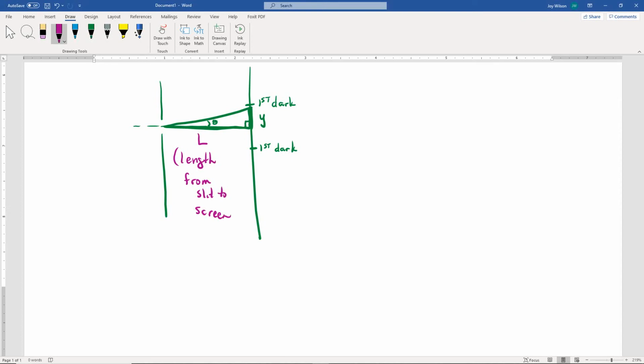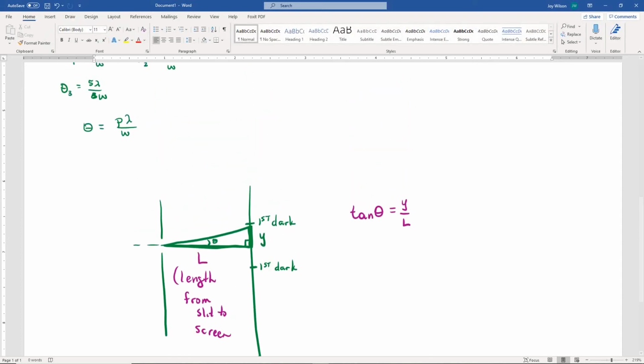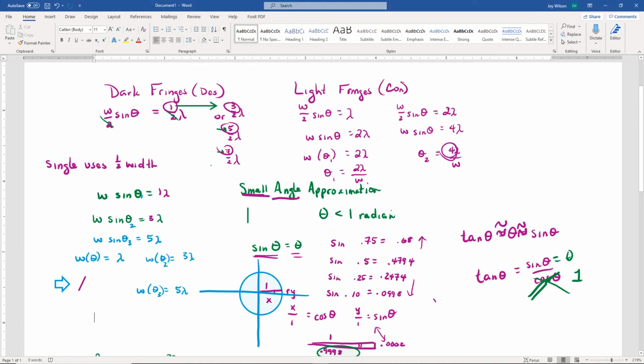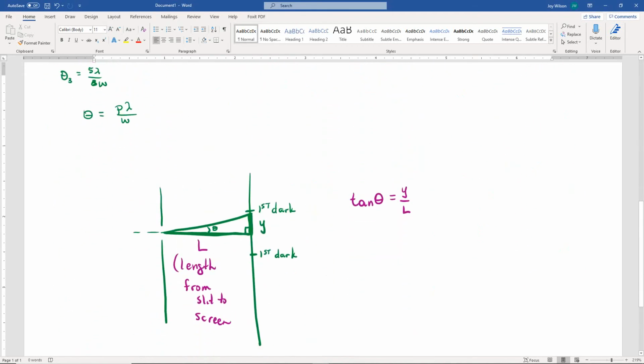And so if you do tangent of theta equals Y over L. Now remember, from what we just did up here, I'm going to scroll back up now, that tangent of theta equals sine of theta equals theta. What was sine of theta? Let's go back and look at any of these. Sine of theta, if we're doing dark fringes, let's come back over here.